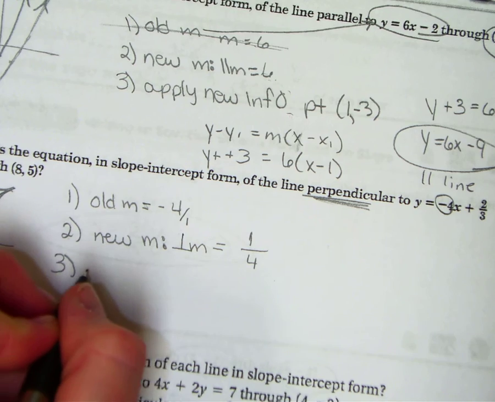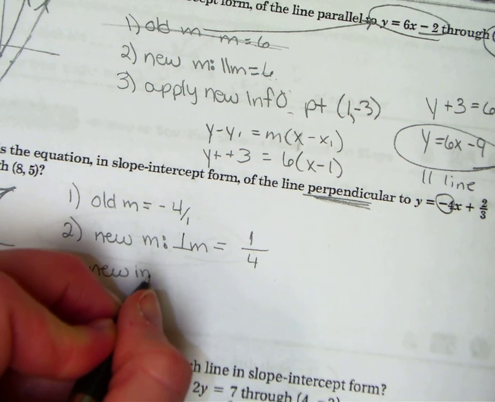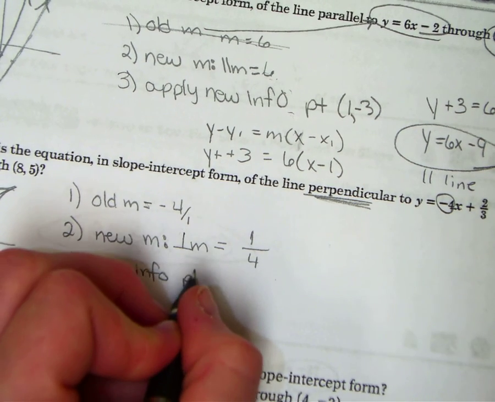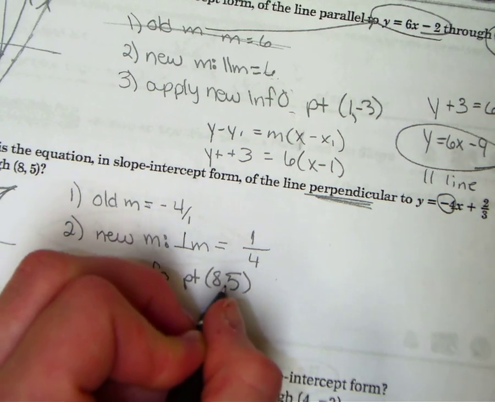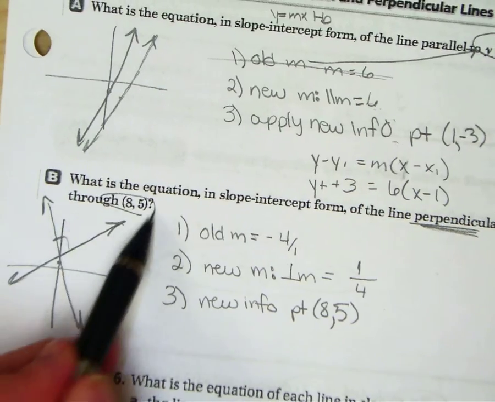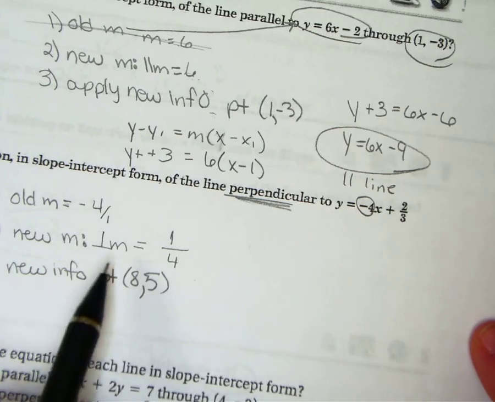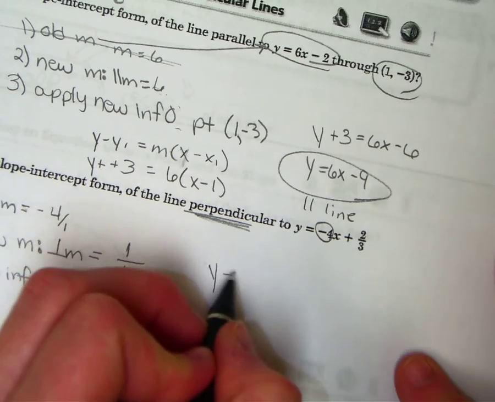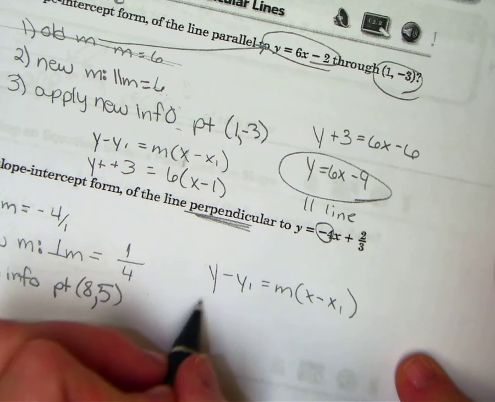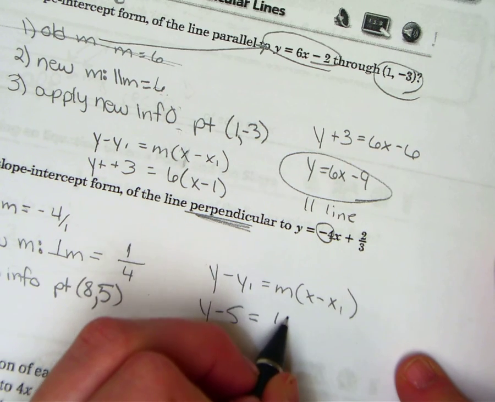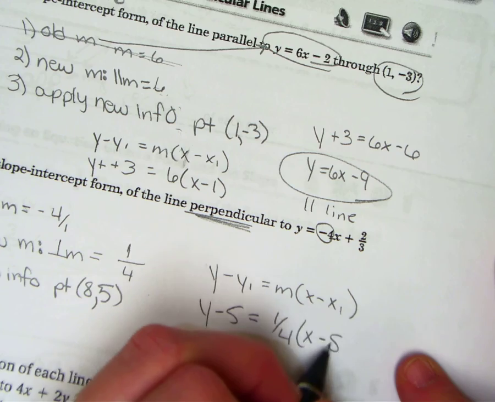Step 3 is your new info. And the new info is the point (0, 5)... that comes from the point given. I have a point and a slope, so I'm going to use point-slope form. I'm going to plug in my information.